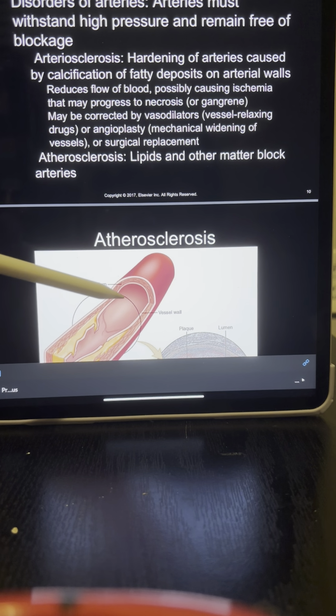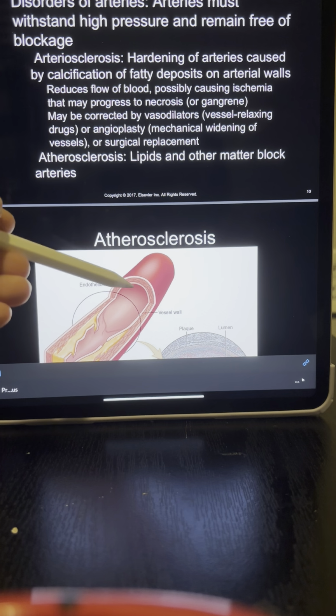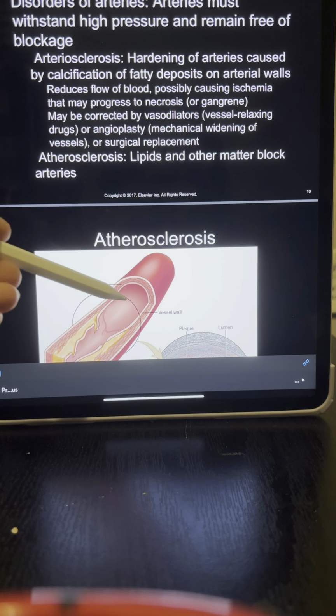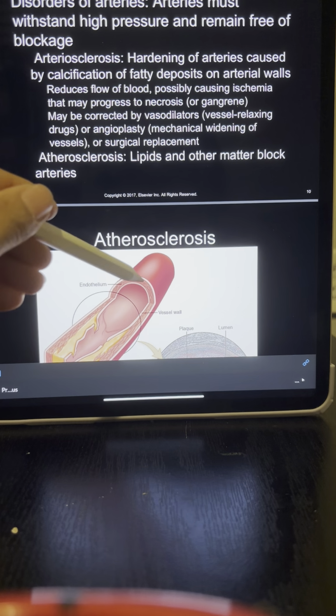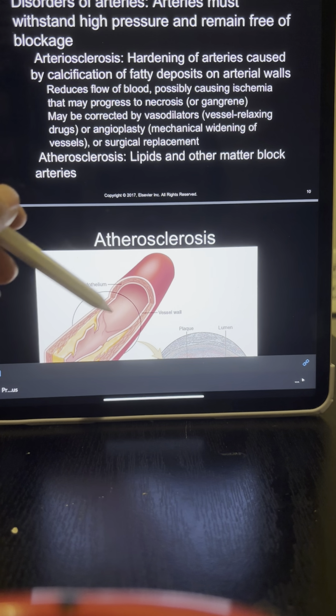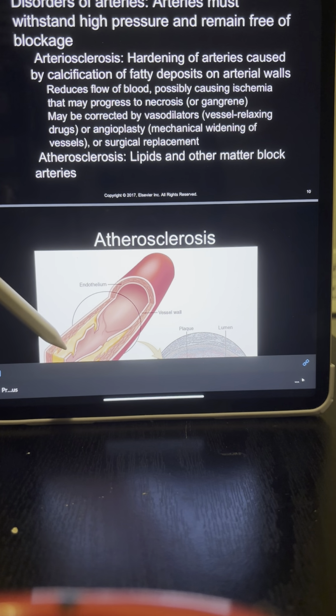It needs to be a certain width for the blood to flow smoothly. It needs to be not too tight, not too loose, because we need that blood to fill the whole diameter of the vessel. So when blood is used to flowing through these open vessels with no problem, our pressure is regulated. But when you start to build fat, you start to close off that diameter.